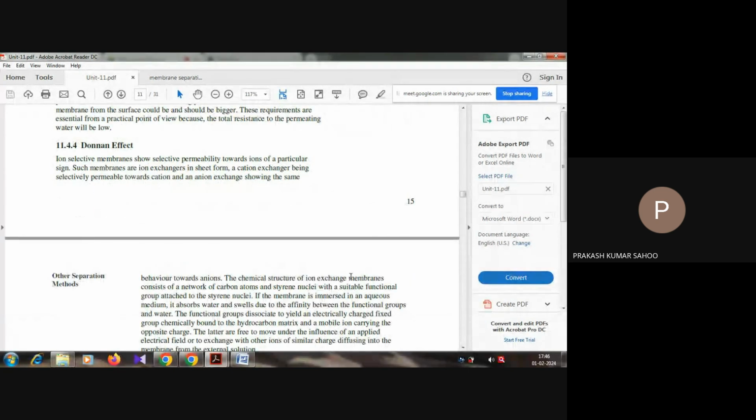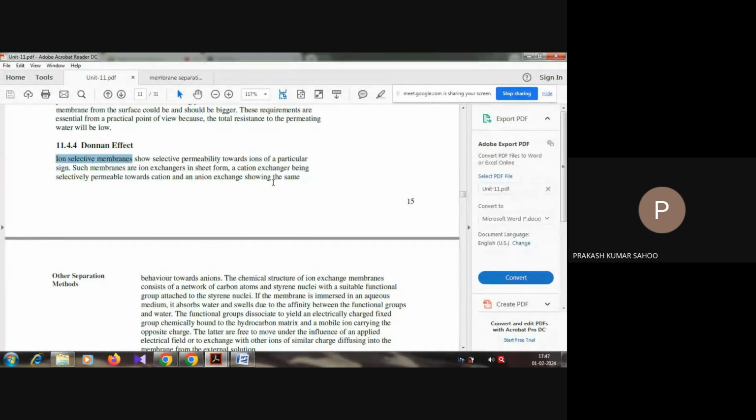Then Donnan effect, ion selective membrane. We have already read about ion exchange chromatography. So this is an ion selective membrane. It will include both positive and negative ion exchangers, so it may be a cation exchanger or an anion exchanger, and these are used for demineralization of water.